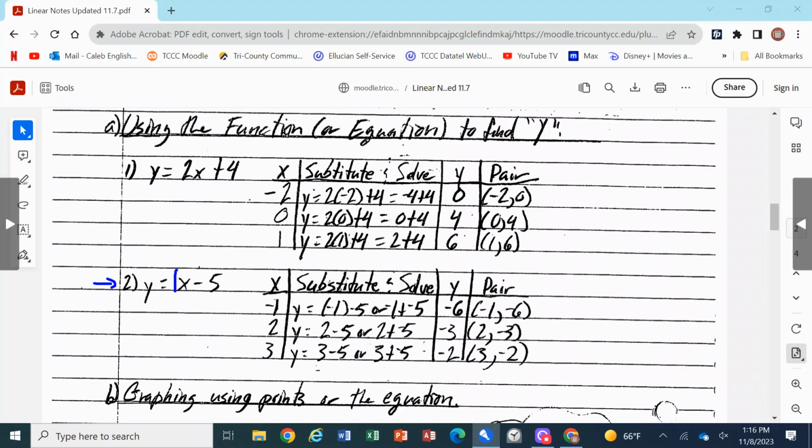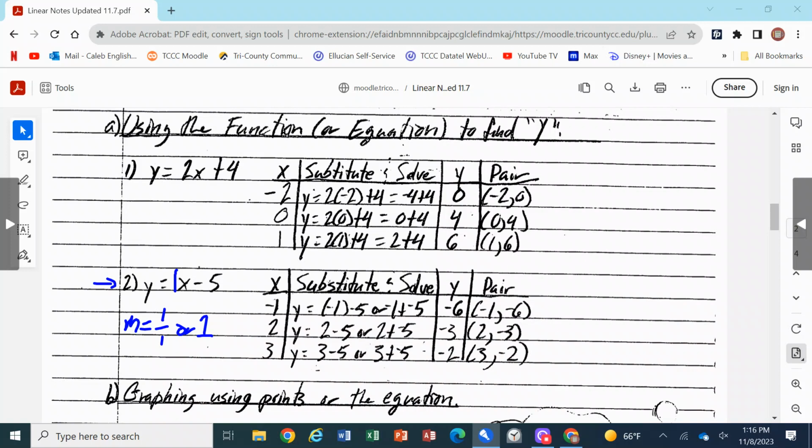Well, if it's not shown, some folks may have some trouble with that. But if you know that there's an understood 1 there, then you can answer it. And if you're going to graph this, the slope would be 1 over 1, or just 1.